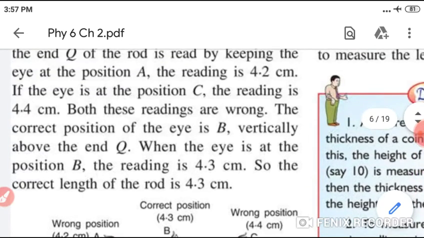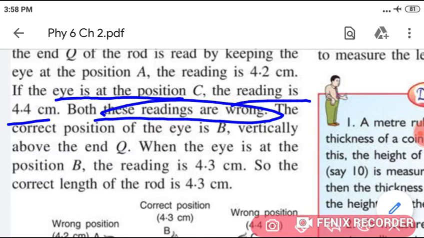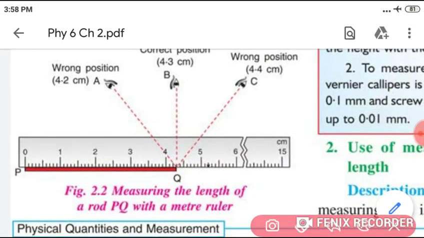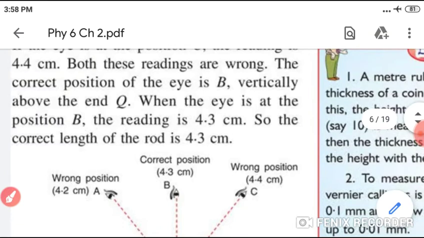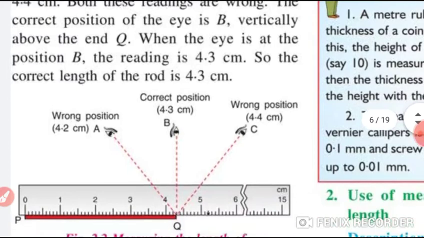If the eye is at position C, the reading is 4.4 centimeters. Both these readings are wrong. The correct reading here, students, is when we are keeping our eyes straight. That means position B is the correct position, vertically above the end Q. When the eye is at position B, the reading is 4.3 centimeters.